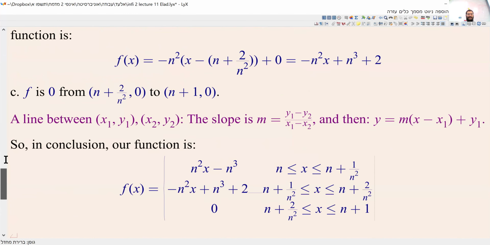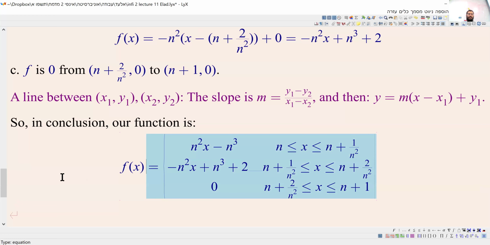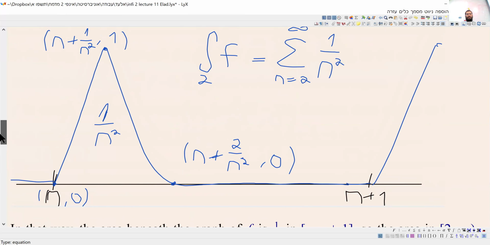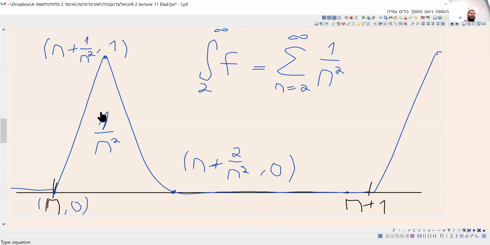But here, writing down the explicit function might be a tough mission. So I want just to explain geometrically how we do it. Talking about triangles, the function is not differentiable. And why is that? What is the prototype example of a continuous but not differentiable function?